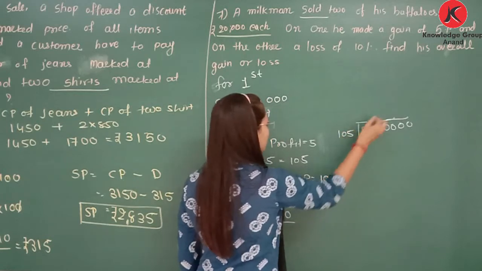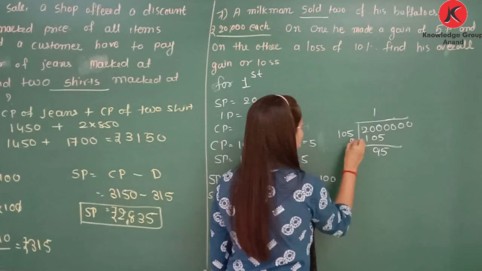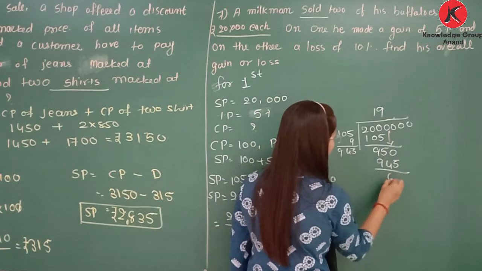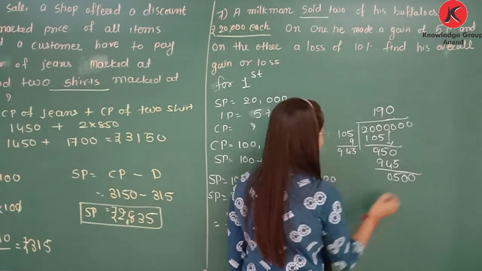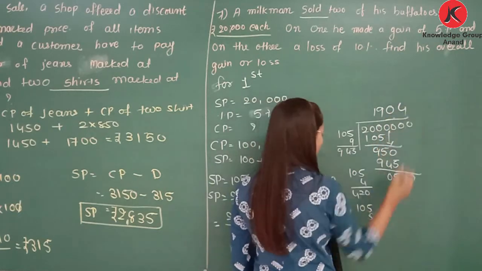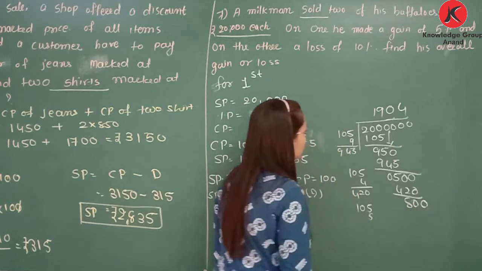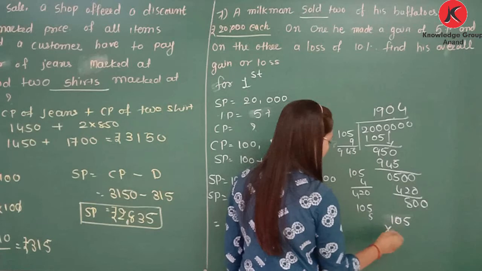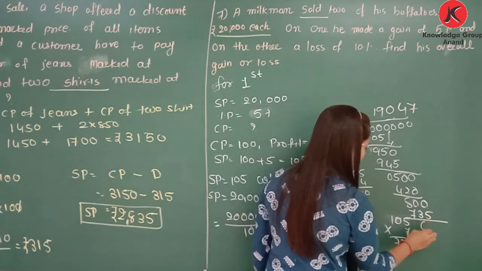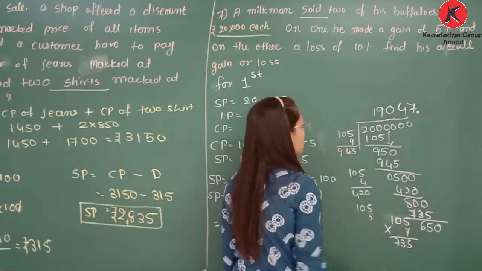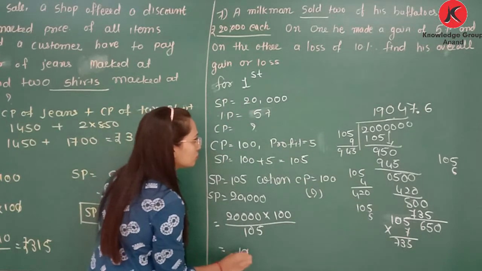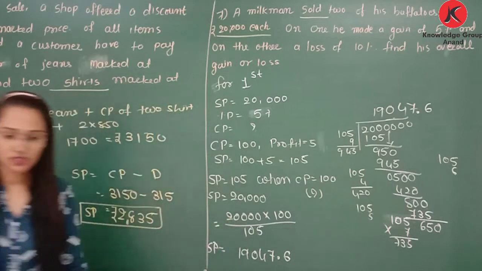Then performing the long division with 105 multiplied by the digits, we get 19,047.6. That is the cost price of the first buffalo. Now for the second one.